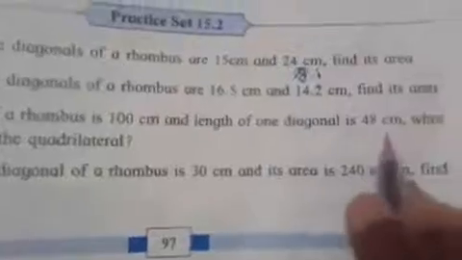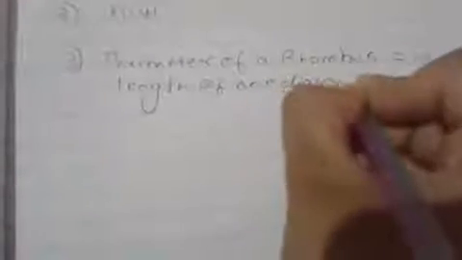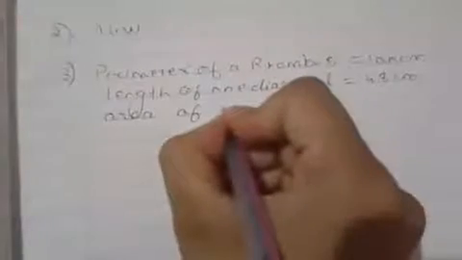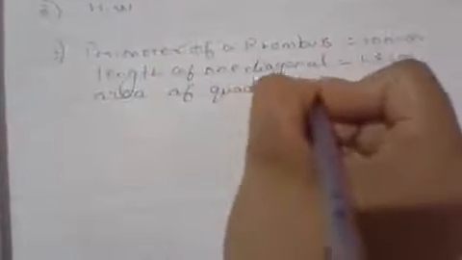The length of one diagonal is given, which is equal to 48 centimeter. Now what are they asking us? They are asking us the area of the quadrilateral.